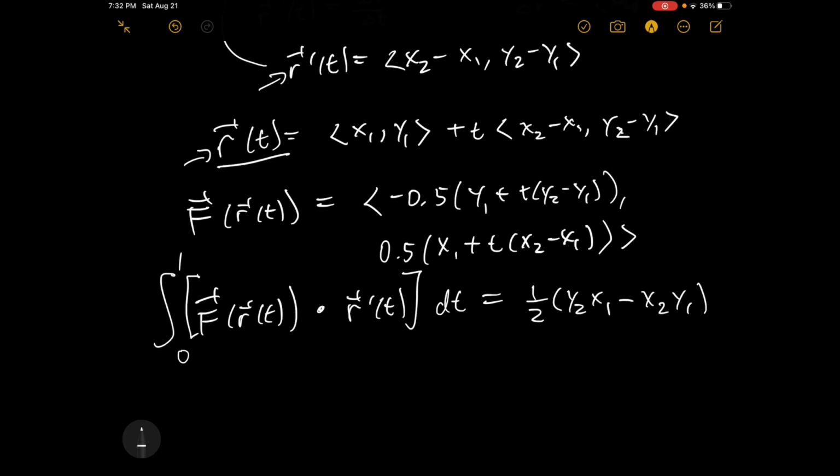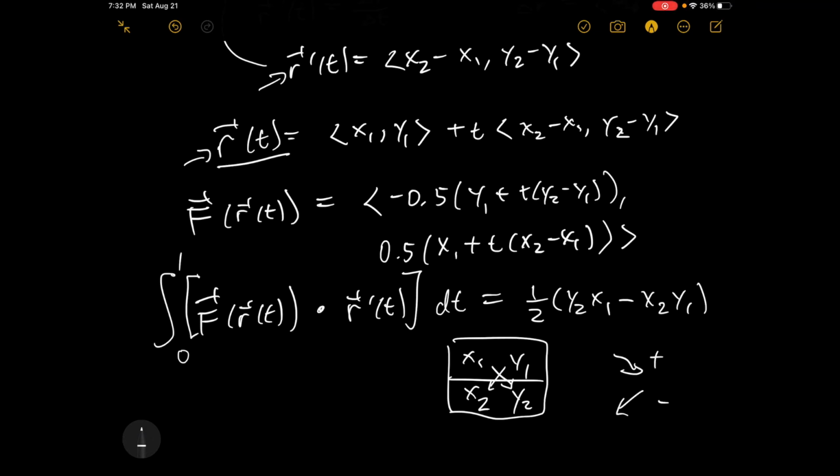A very easy way to remember this is that you just imagine like you had a small coordinates table like this, and you just put them in order, and it's just this way and that way, right? And then the one that goes this way is associated with a plus, and then the one that goes this way is associated with a minus. So therefore, y2 times x1 minus x2 times y1, and then you multiply all that by 1/2.